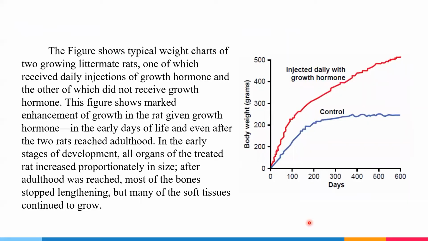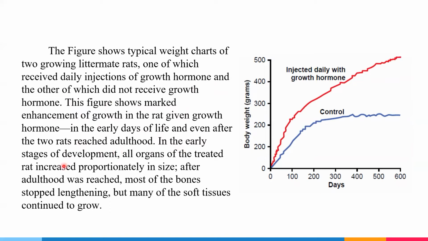The plot that is given here shows typical weight charts of two growing littermate rats, one of which received daily injections of growth hormone and the other which did not receive any growth hormone. This figure shows enhancement of growth in the rat given the growth hormone in the early days of life and even after the two rats reached adulthood.